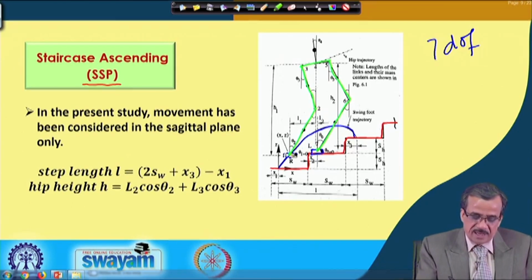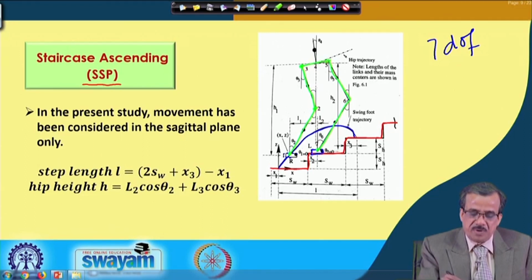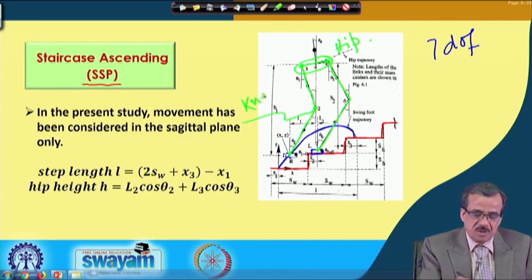So, we have the ankle joint here, the knee joint here, and this hip joint. In fact, all 3 points are coinciding. So, this is the hip joint, this is your knee joint, and this is your ankle joint.